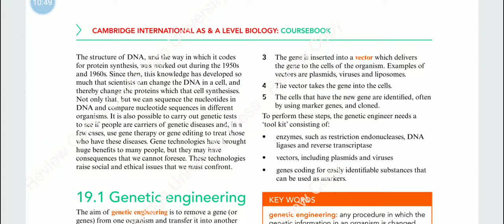Number three, the gene is inserted into a vector which should carry it to the cells of the organism. Examples of vectors are plasmids, viruses, and liposomes. Number four, the vector takes the gene into the cell. Number five, the cells that have the new gene are identified by using marker genes, and the cell would be cloned.